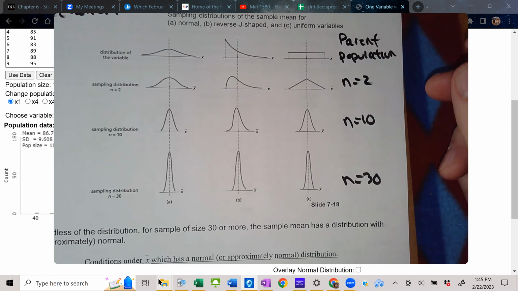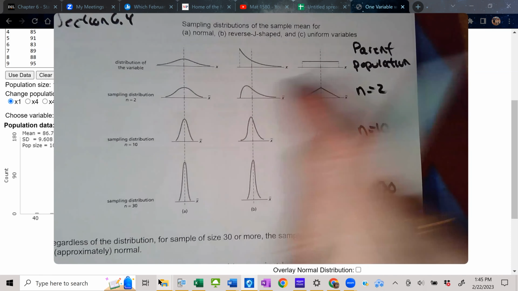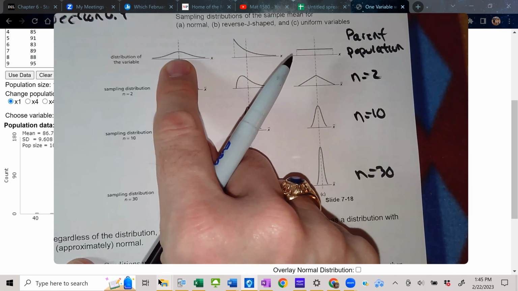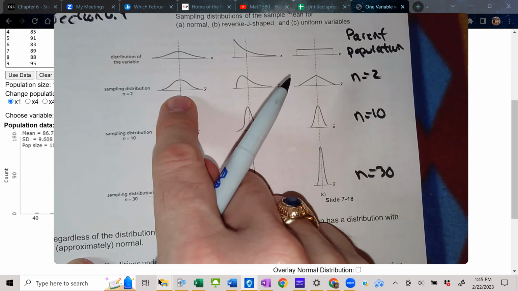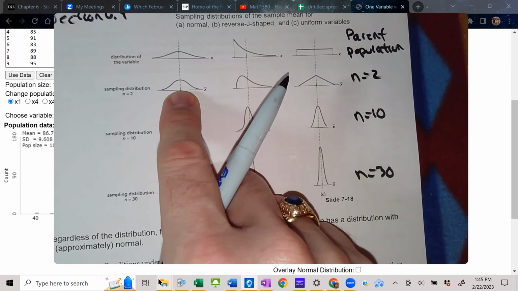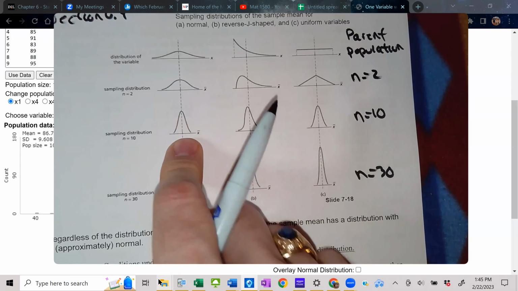What if you start with a normal distribution to begin with? If I sample from a normal distribution and calculate the distribution of sample means for samples of size 2, does that look normal? Yes. And that looks normal, and that looks normal.